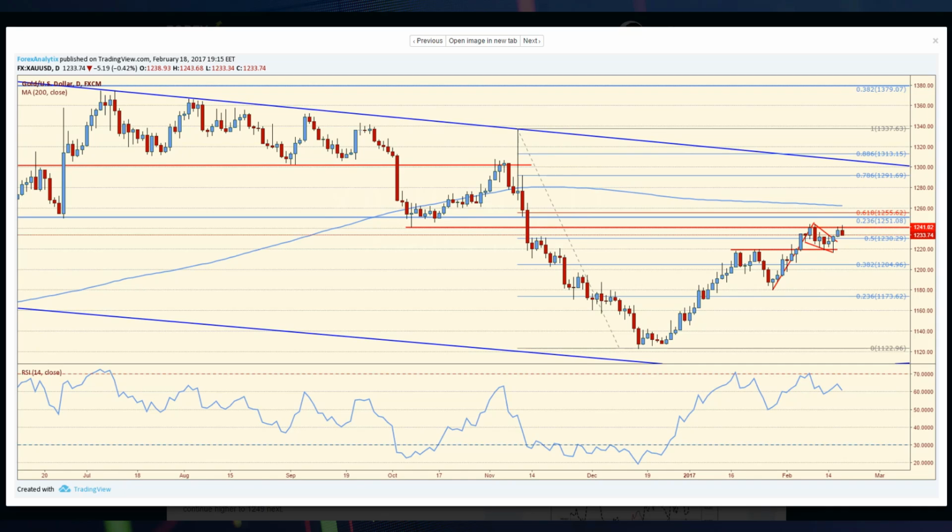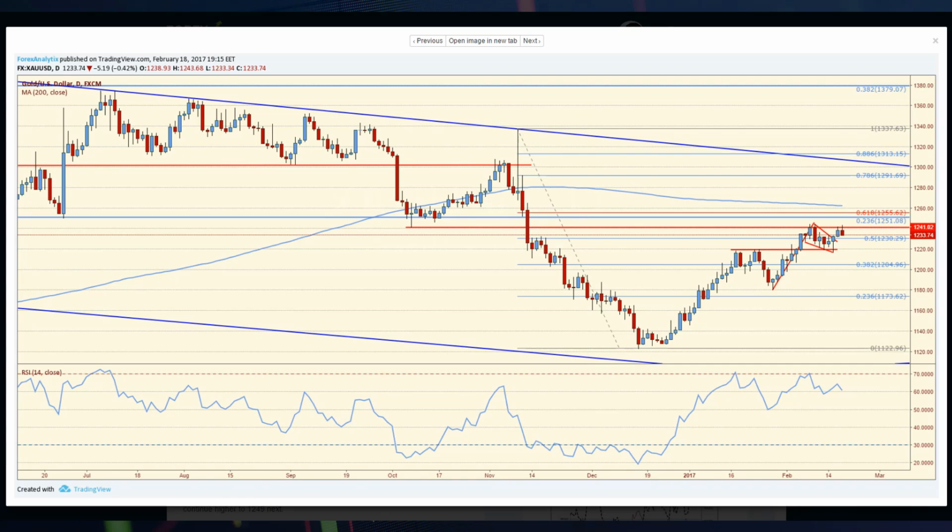That really just tells us it's significant. If we break above 1250, that's bullish, which would be bearish for the dollar. But at the same time, we could be setting up a double top. If we break back below 1220, now you've got a double top and a reversal. That would be dollar bullish. So we're at a very pivotal area in the dollar, and a pivotal area in gold.